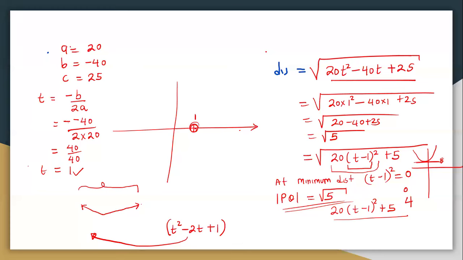If I'm saying pardon, I'm saying that a minimum point can be obtained under this condition here: when you have t is equal to negative b out of 2a, or you can say x is equal to negative b out of 2a. To obtain that point, you just say negative b out of 2a.